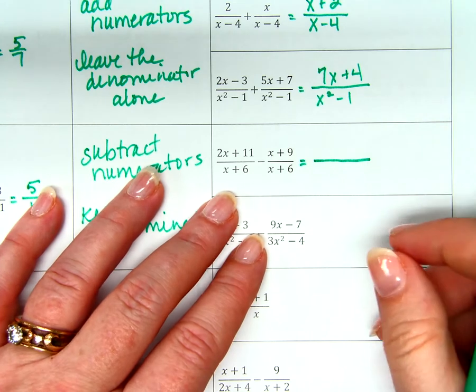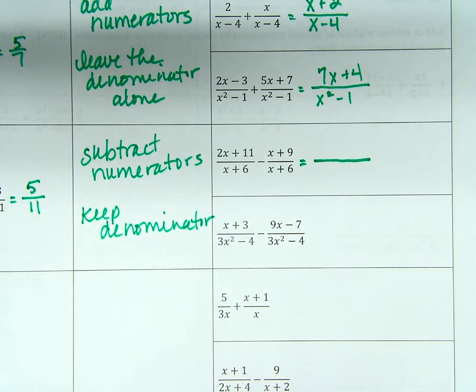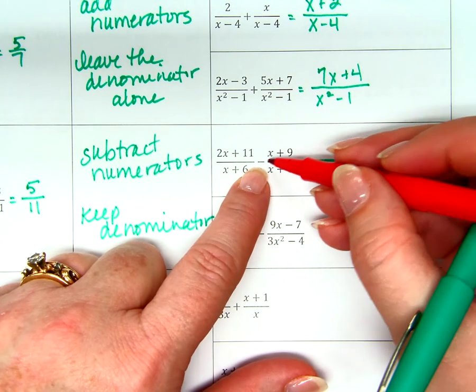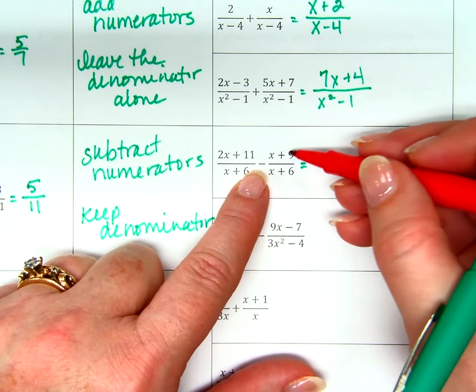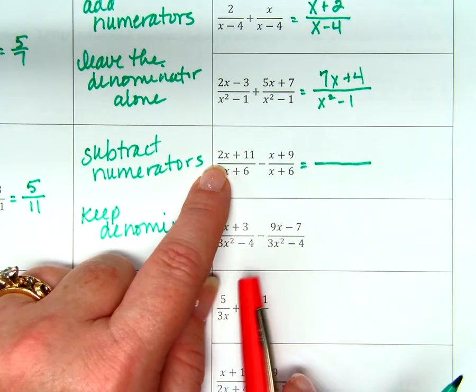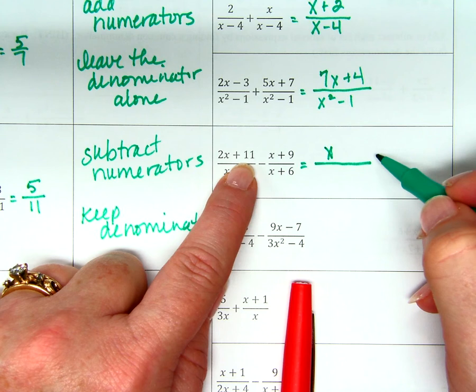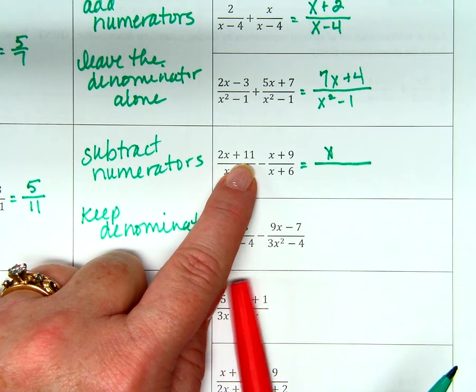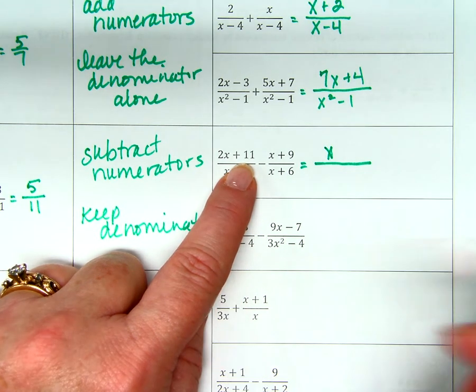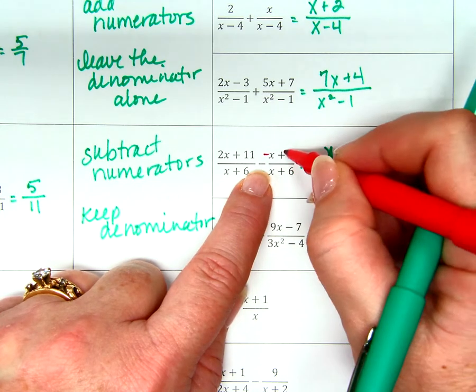So what about here? Here we have to be careful, don't we? Because I'm subtracting. What are people going to forget to subtract? They usually remember the x. They usually forget the 9. Okay? They usually go 2x minus x. Oh, that's x. 11 and 9. Oh, that's 20. Oh, you can, can't you? Can't I distribute that negative to make each term negative?